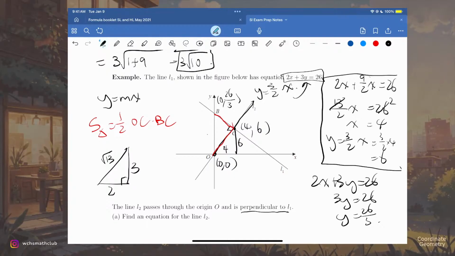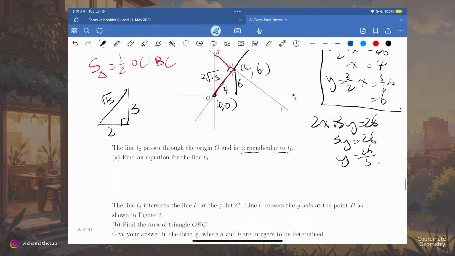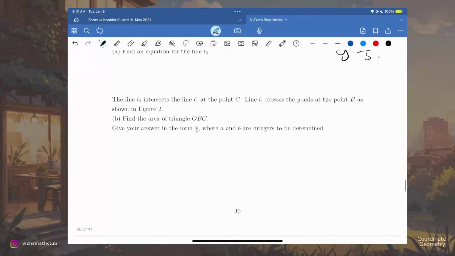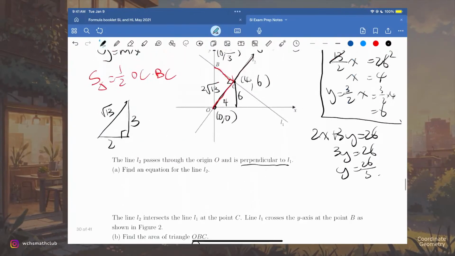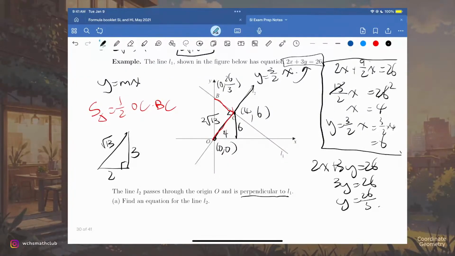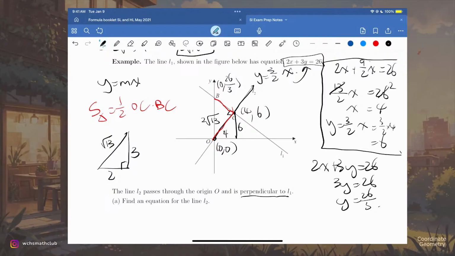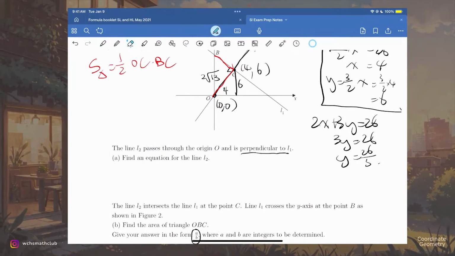So this distance is 2 root 13, which, looking at it right now, looks like we're cooked, because this form is rational and we have 2 root 13 as one of the things. If we do not get another factor of root 13 in BC, we know we did something wrong. Honestly, I probably did, but let's check from here.